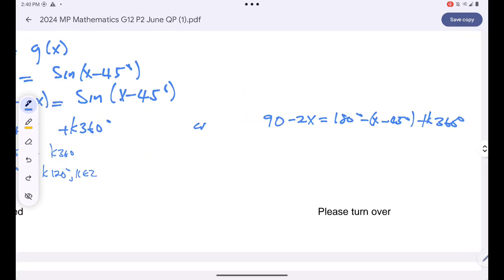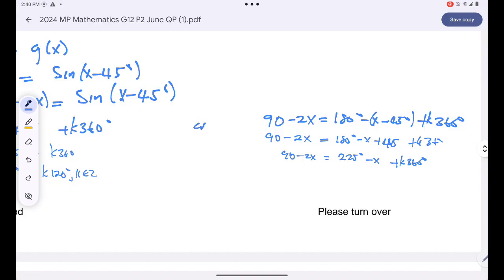Do the same thing over there. I'll have 90 minus 2x is equal to 180 degrees minus x minus, or rather plus 45, plus k 360. I still have 90 minus 2x. 180 plus 45 is just 225 degrees minus x plus k 360.